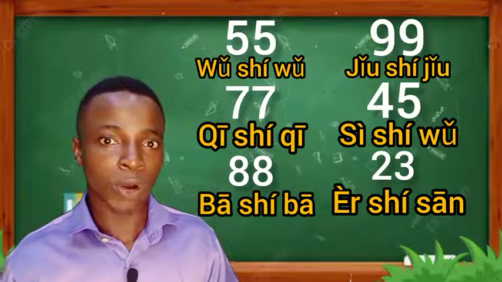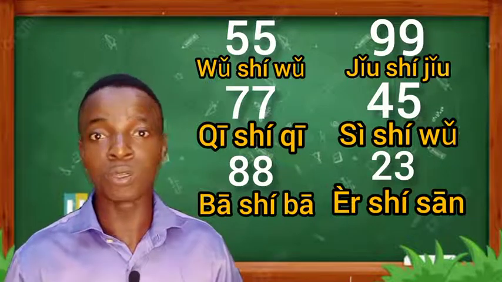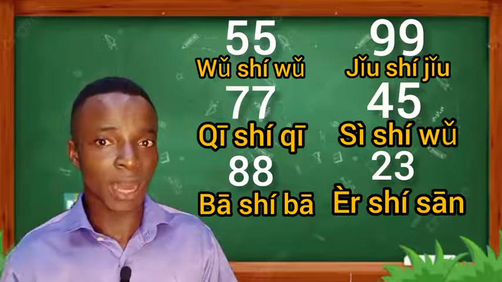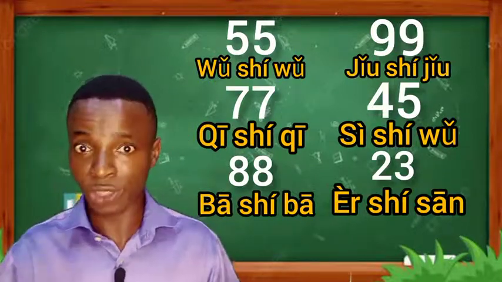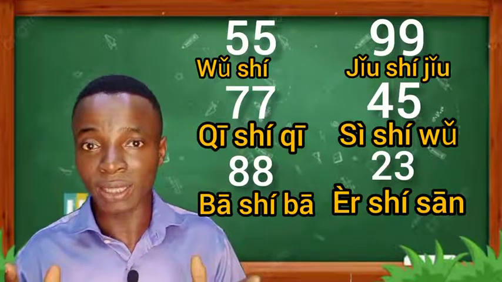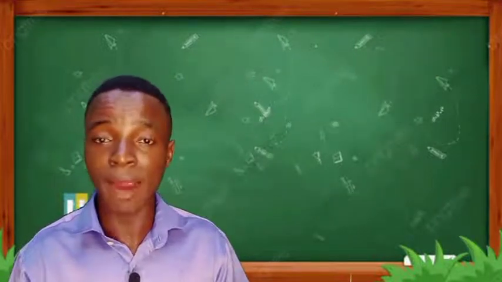Some people say whooshi, some people say woo, and their pronunciation is always wrong. Please, if you're having issues with your pronunciation, and it is difficult for you to pronounce, please use your app.